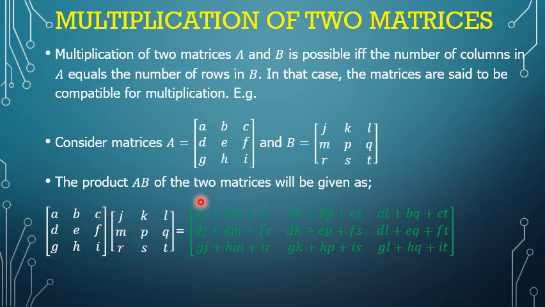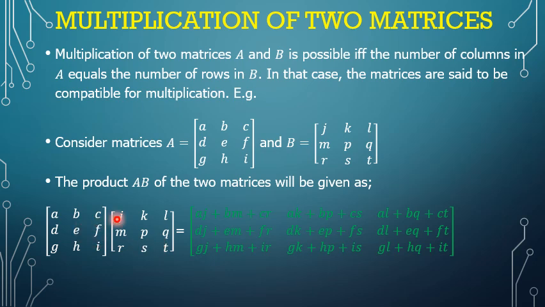Get CR. Then for the second entry, we use the same row of matrix A, but we use the second column of matrix B. That will be a times k plus b times p, BP, plus c times s, CS.